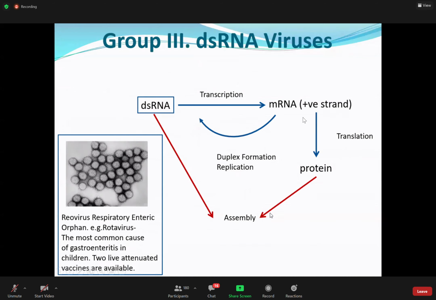So now, with regard to the RNA viruses, we can either have double-stranded RNA or single-stranded.